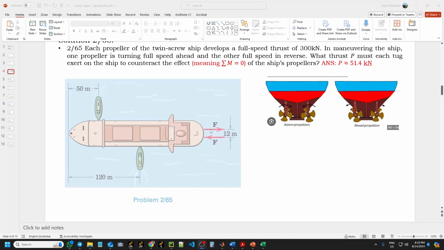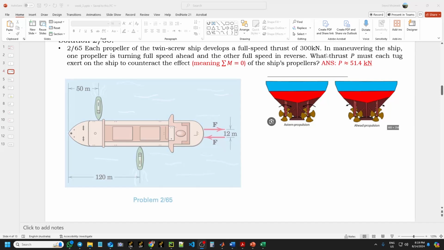So this is moving clockwise, so it is negative. Instead of these two forces, we will just put a moment about any point. It doesn't matter. Now let us finish the question.